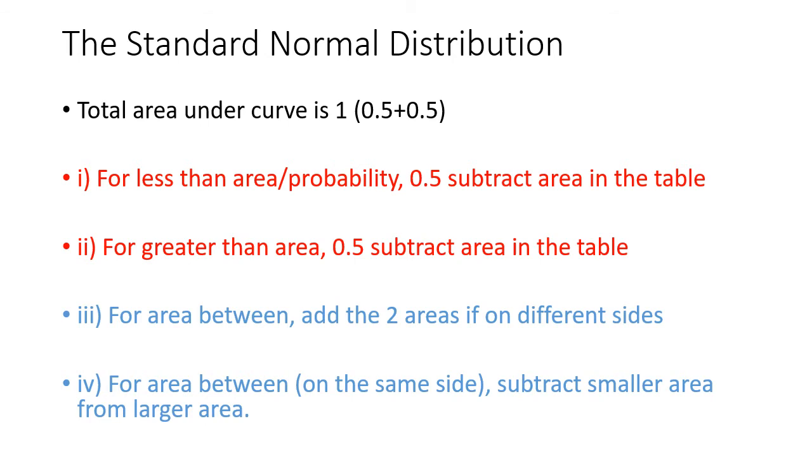But if they are on the same side, maybe both on the negative side, what you need to do is to subtract the smaller area from the larger area. If it's on the positive side, both x values or both z values, what you need to do is to subtract the smaller area from the larger area. So that you need to keep in mind.